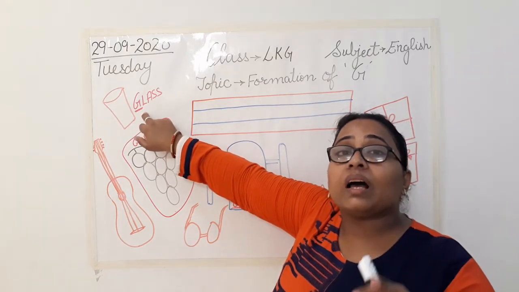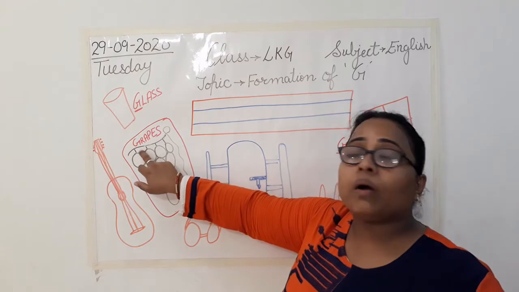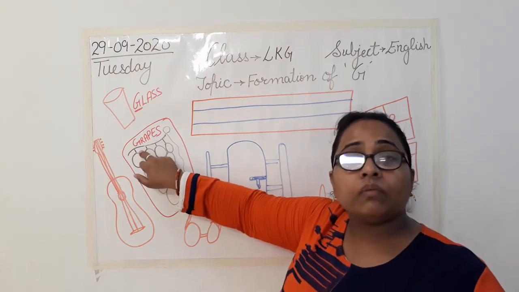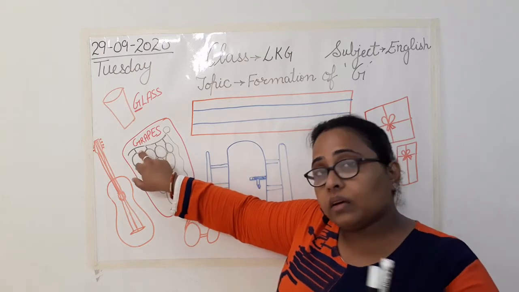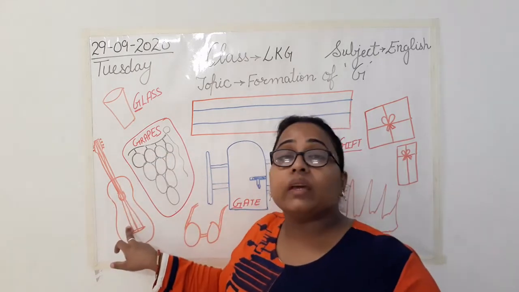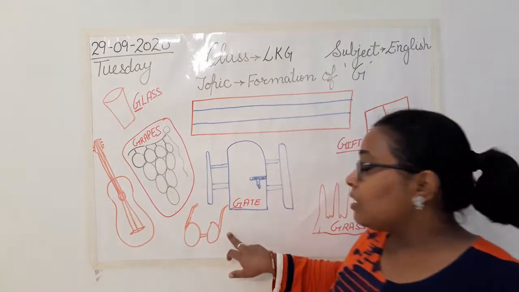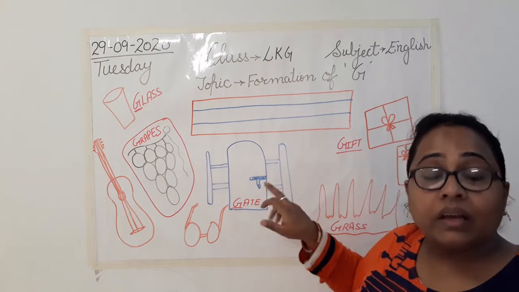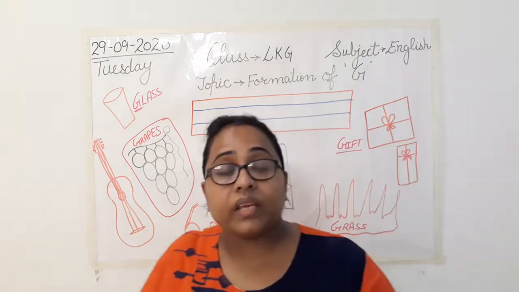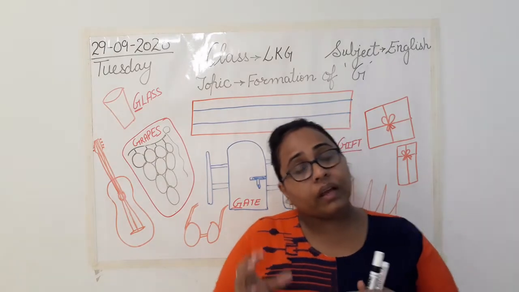When we are saying glass, G sound is coming. When we are talking about grapes, say with me grapes. So when you are saying grapes, again G sound is coming. Guitar, G, guitar. G, glasses. G, gate. G, grass. See, जब भी हम ये words बोल रहे हैं, सबसे पहला sound G आ रहा है.